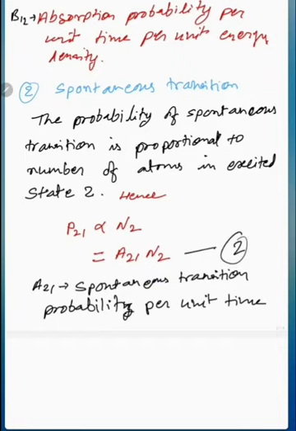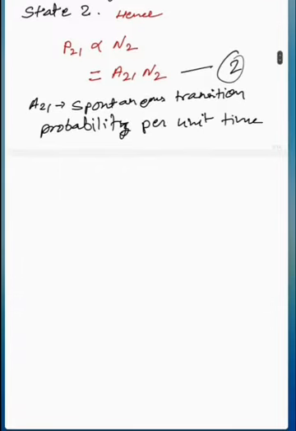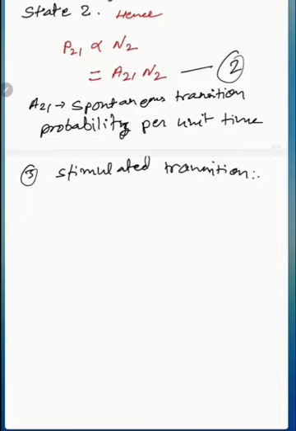Now let us see the third transition. The third transition is stimulated transition. The probability of stimulated transition is proportional to the number of atoms in the excited state and also proportional to the energy density.